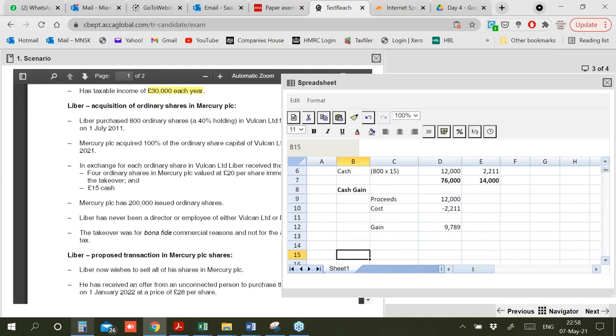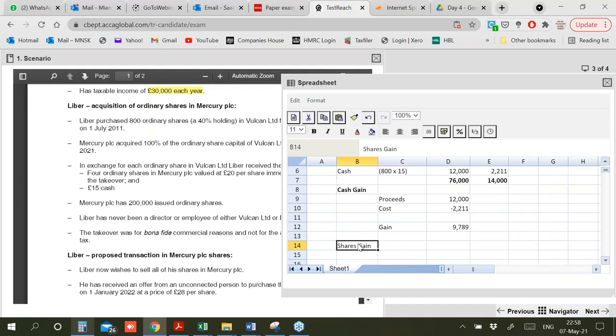Now, if she were to sell the Mercury shares, what will be the gain on shares? So shares gain, I'll copy all of this because it will be the same. However, I'll change the data here.